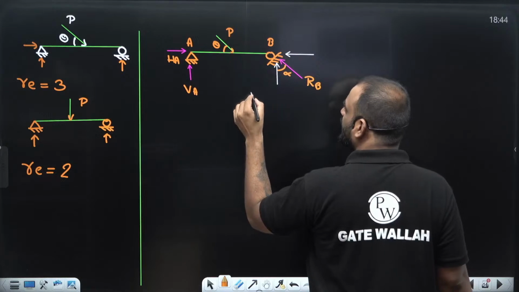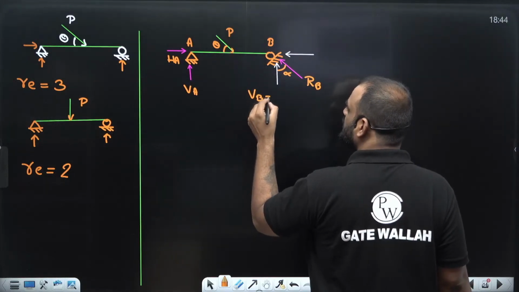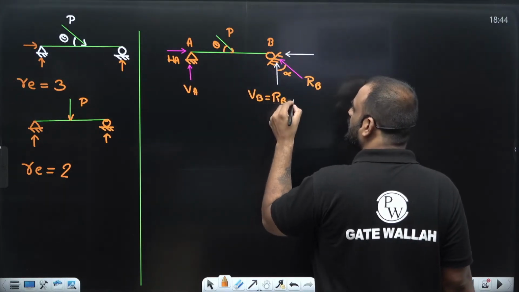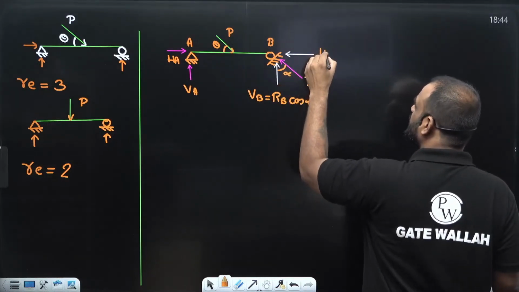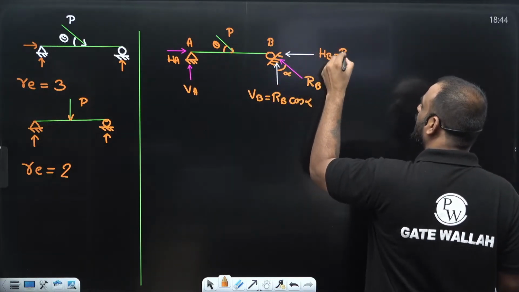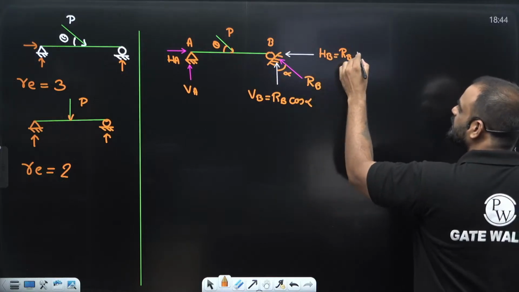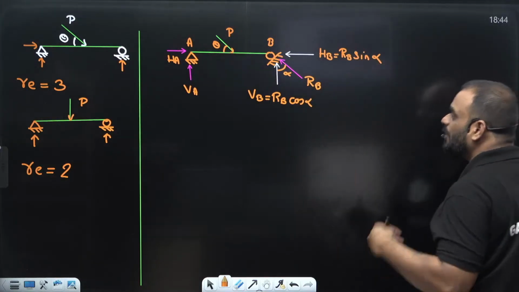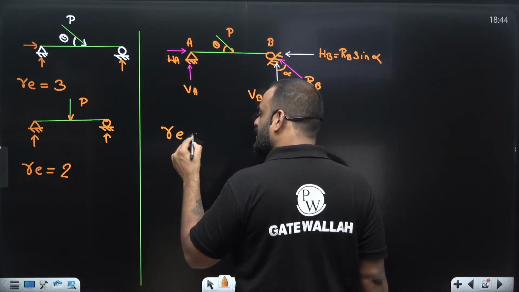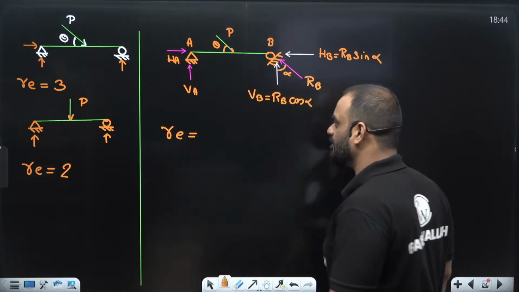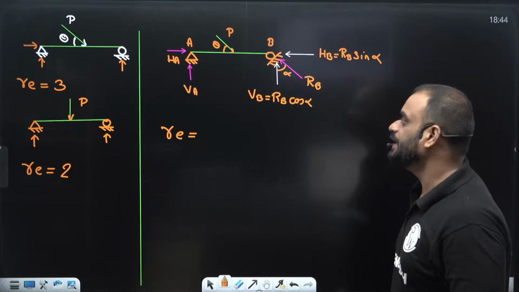So can I write here guys, this is basically VB, which is nothing but RB cos alpha. And what about this one? This is basically HB, which is RB sin alpha. Now my question is, sir, how many external support reactions are developed which are independent?